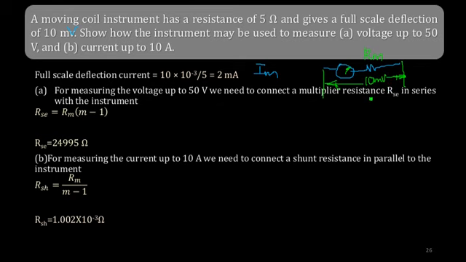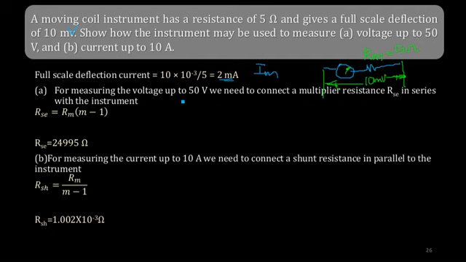So you have 10 millivolt across the meter, and the current through the meter can be calculated by using this equation, 10 millivolt divided by 5 ohms. This Rm is given as 5 ohms, the internal resistance of the instrument. So the current through the instrument is obtained as 2 milliamperes.